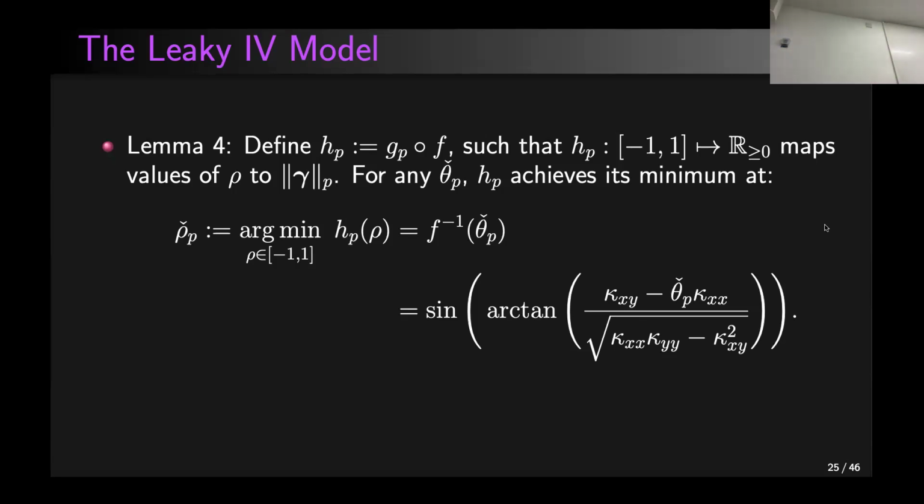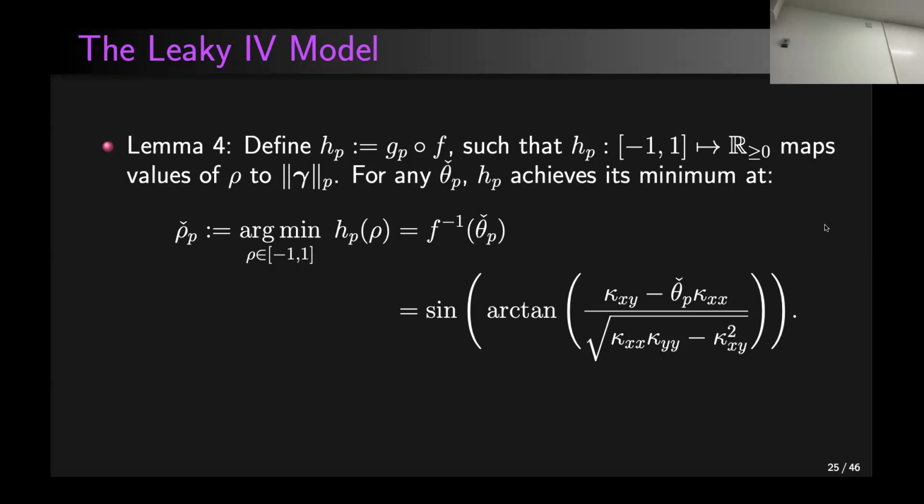Now take H. H is going to be the composition of G and F. What does that mean? It's very simple. H is just a function that eats rho and spits out the norm of gamma. So this speaks to this point of linking all these parameters. For any theta check, H achieves its minimum at rho check, which is just the minimizer of H of rho, which is given by the inverse of F when I feed it theta check.